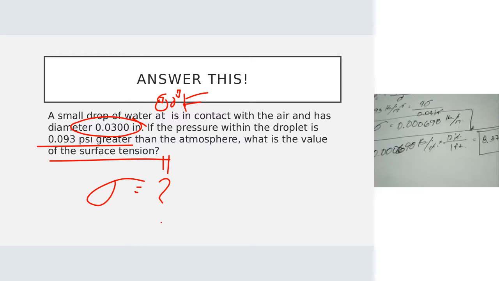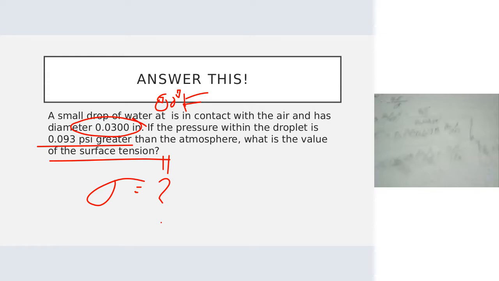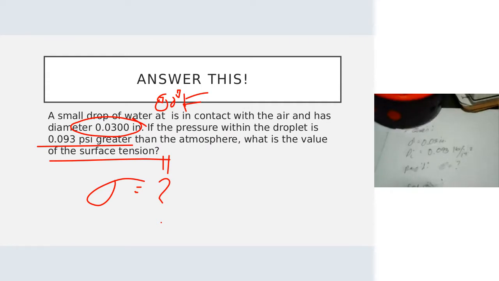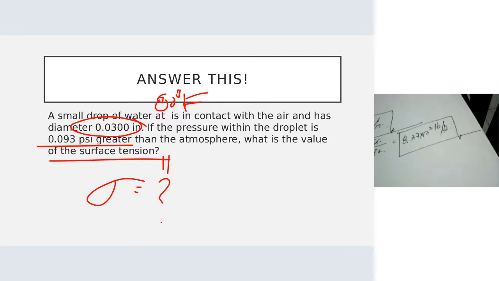Be careful with the unit, because in this case, it is in English units, so it's not Newton per meter. The unit is pound per inch or pound per foot.